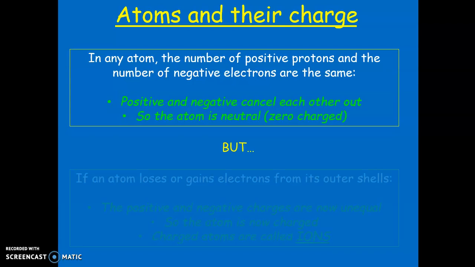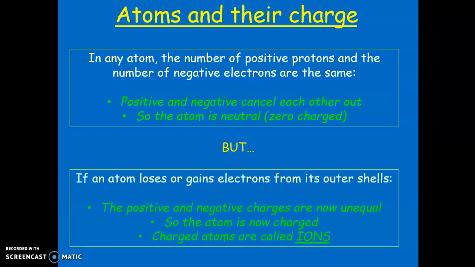However, atoms can lose or gain the electrons from their outer shells. Remember, the electrons orbit the atom in shells. They go around the center of the nucleus, and electrons are the only parts of an atom that can be lost or gained.